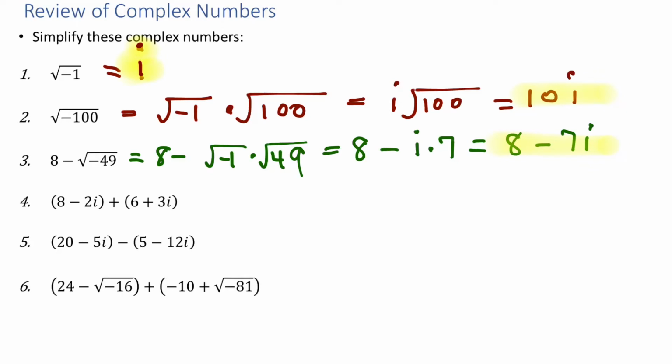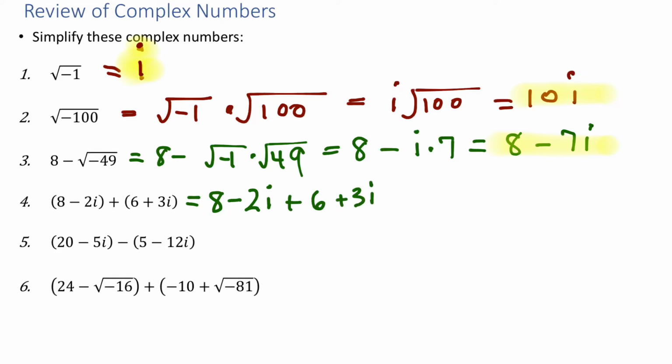Looking at number 4, this is a plus bi plus another a plus bi, so we're adding two complex numbers together. All right, so since we're adding, the parentheses don't necessarily need to be there because we don't need to do any distributing. So I'm going to take the parentheses off since I'm adding two complex numbers together.